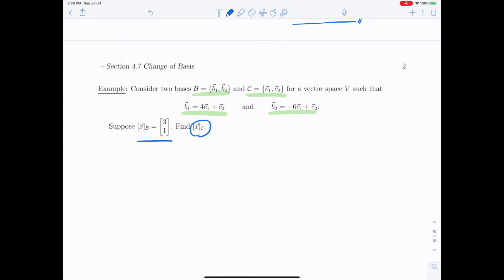So if you use regular algebra, we have x equals 3 times b1 plus 1 times b2, right?